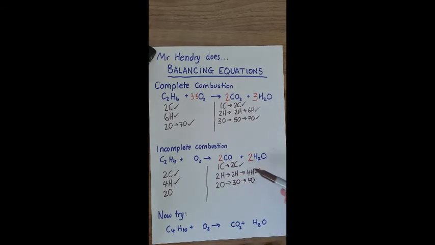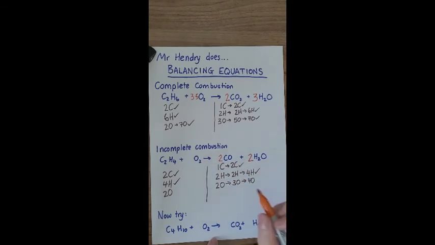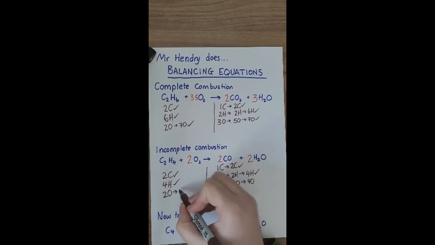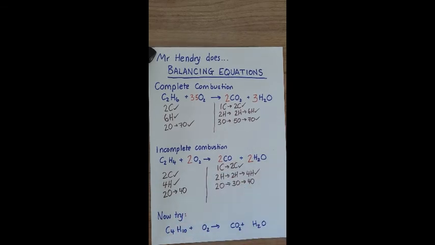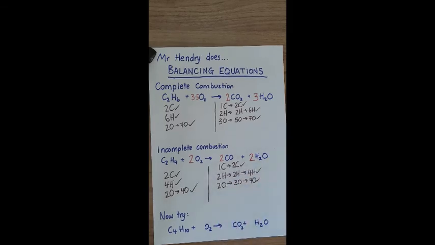After doing that, the carbon and hydrogen are balanced, but we have 4 oxygens in the products and 2 in the reactants. So we need to now balance the left-hand side of the equation. If we've got 2 atoms of oxygen here, we're going to need to multiply that by 2 to get 4 in total. So 2 times 2 is 4. We now have 4 oxygens in our reactants, 4 in our products, and this equation is now balanced.